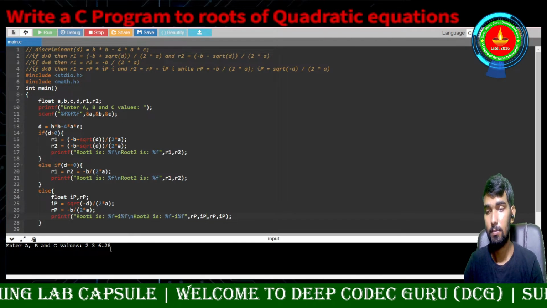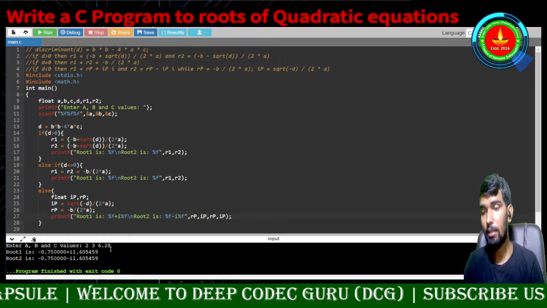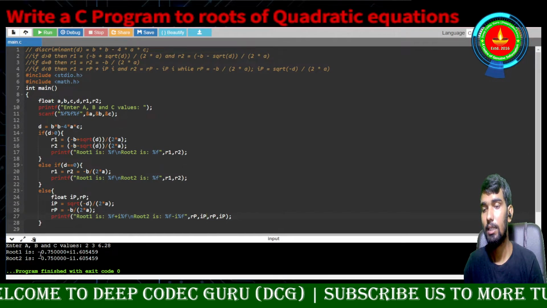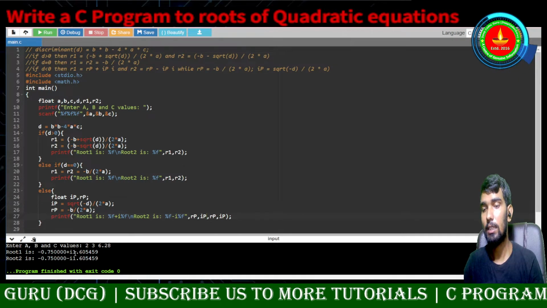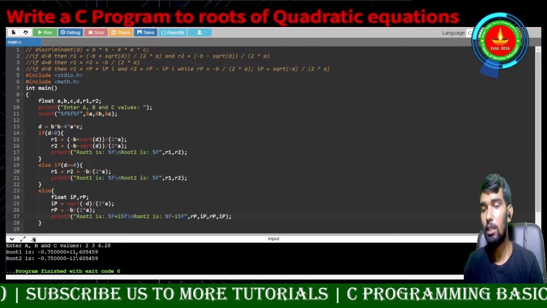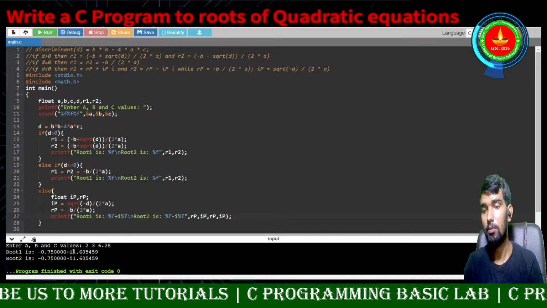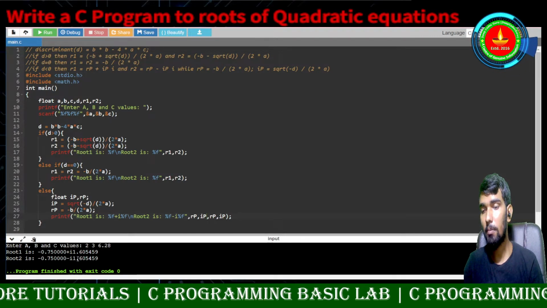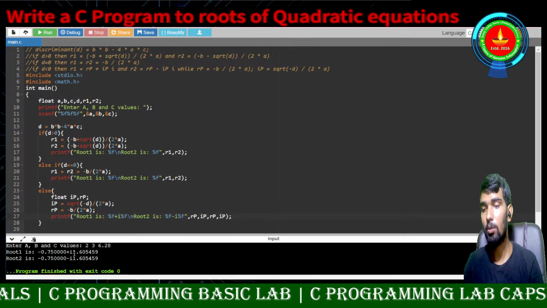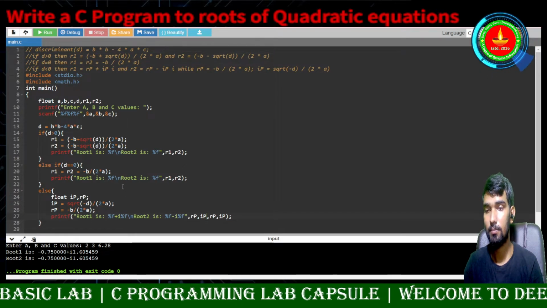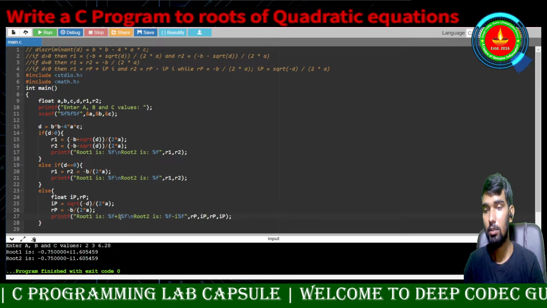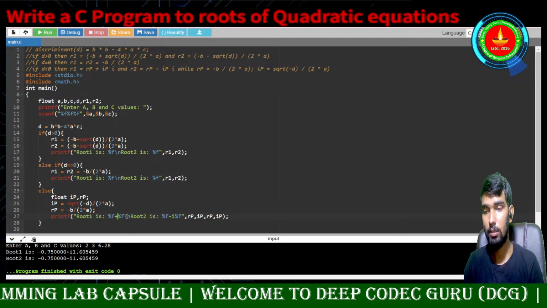Okay. So guys, you can see root 1 is 0 minus 0.75 like this, and there is i, the imaginary part, and there is this value. So give me one space so it will look good, or let me make this i at the end so it will look better. Okay, so that i value you can put here.